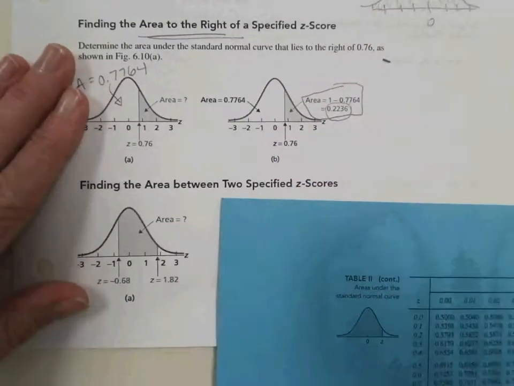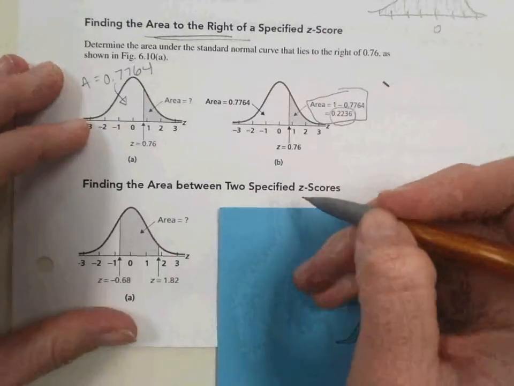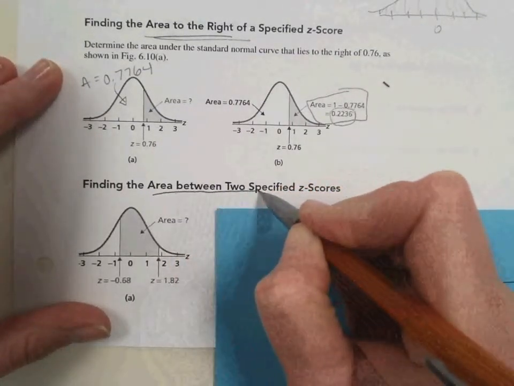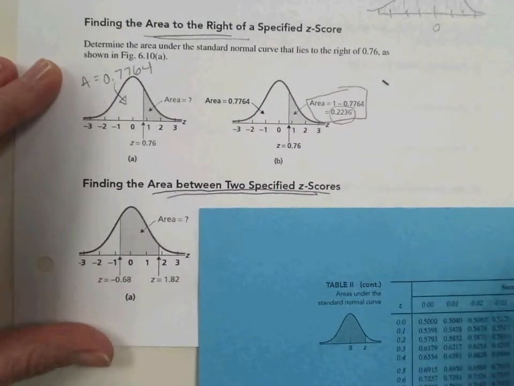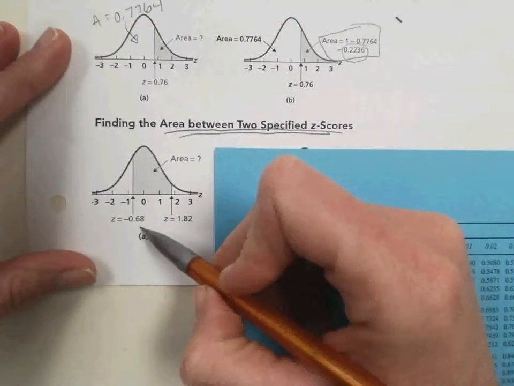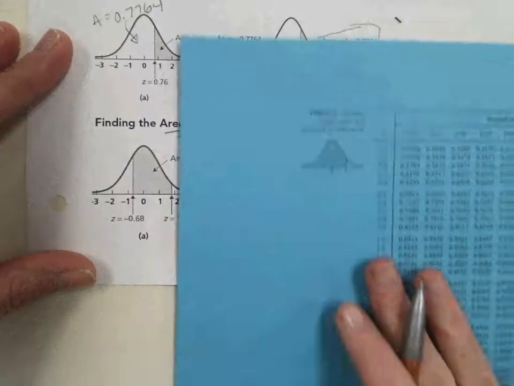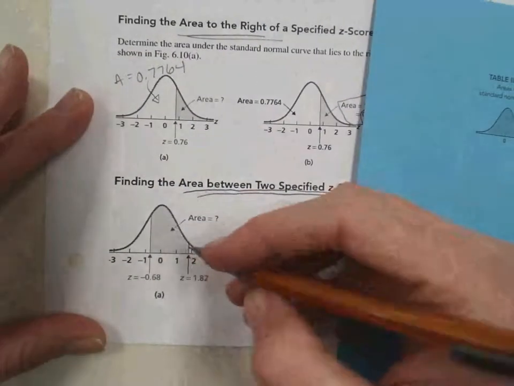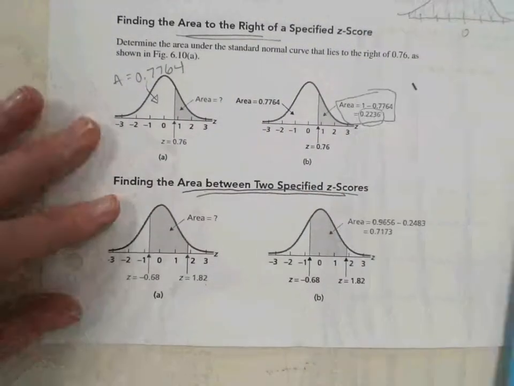There's 3 different possible ways to calculate the area under the z-curve, and the last way is finding the area between 2 z-scores. So to do that, we look at both of the z-scores, find them in the table of values, take their areas, and we'll subtract them.